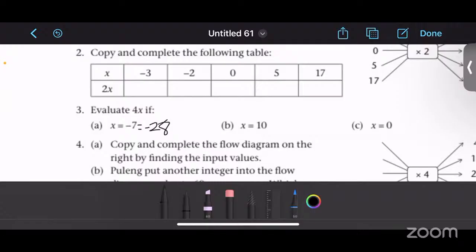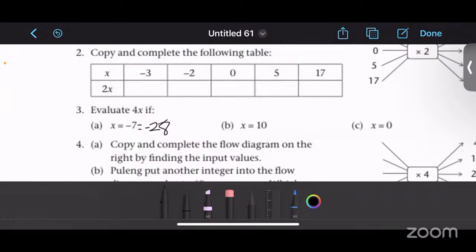We multiply 4 with 10, not 4x, just 4. Because if x is equal to 10, that means we're no longer going to have x in our answer, because we have the x value, which is 10 in this case. So where you see x, you're going to put 10 instead.